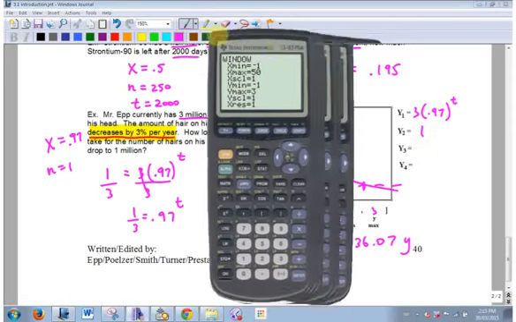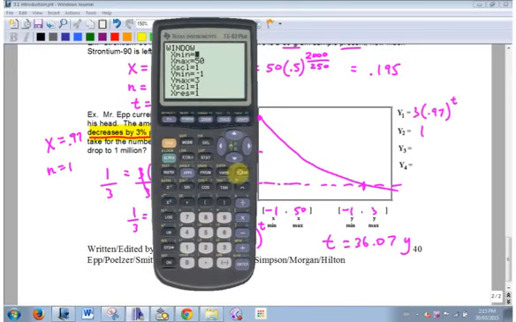Okay? Okay, because that's a lot quicker than doing this. 0.97 to the power of 36 is pretty close to 1/3, 0.333. Okay?